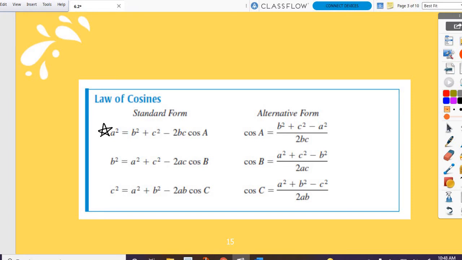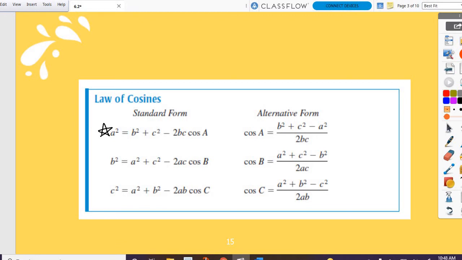So on our first formula, what would happen if big A was a 90-degree angle? Cosine of 90 is 0. Correct. So what happens to our formula? Notice if I have a squared equals b squared plus c squared minus 2bc cosine of 90, that last subtraction goes away.